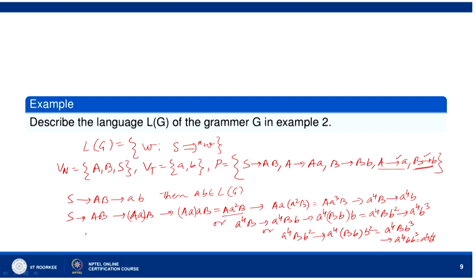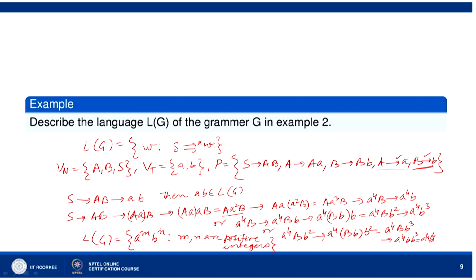So, this LG consists of elements of the type a to the power m, b to the power n, where m and n are positive integers. So, all such elements are there. Minimum value of m and n could be 1 each.